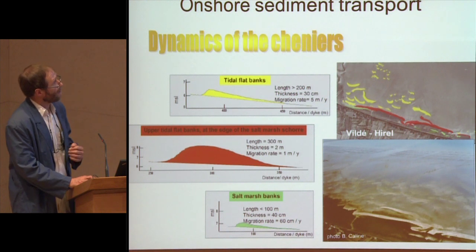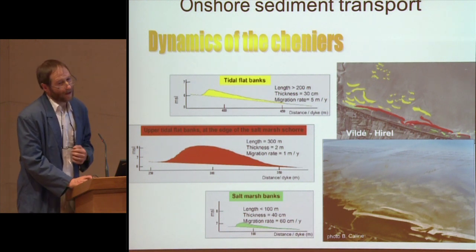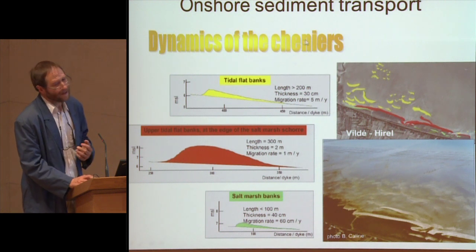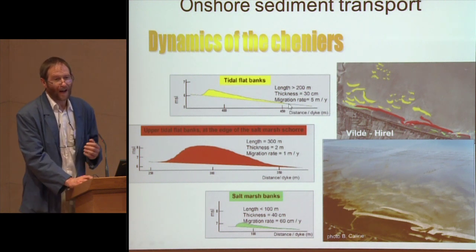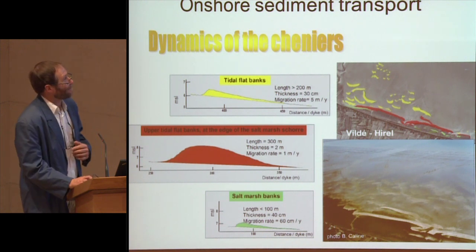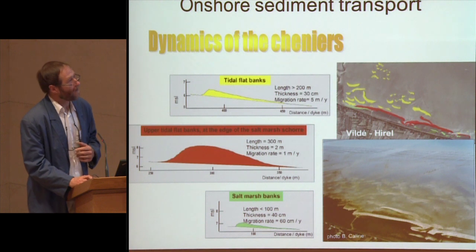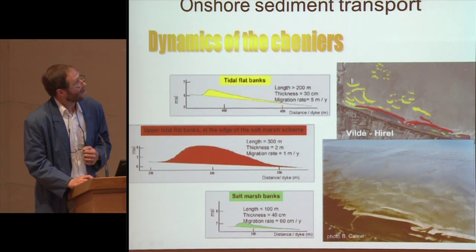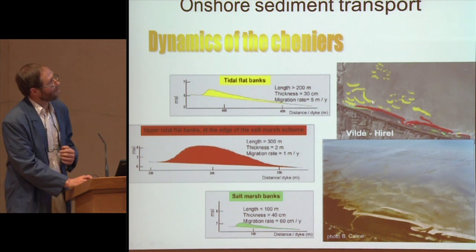Tessier and Weil have studied the dynamics of these shelly banks. Cheniers are known all around the world. They consider three types of banks. Here, tidal flat banks in yellow.